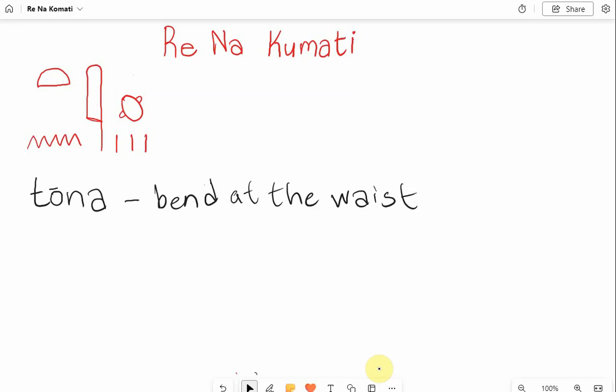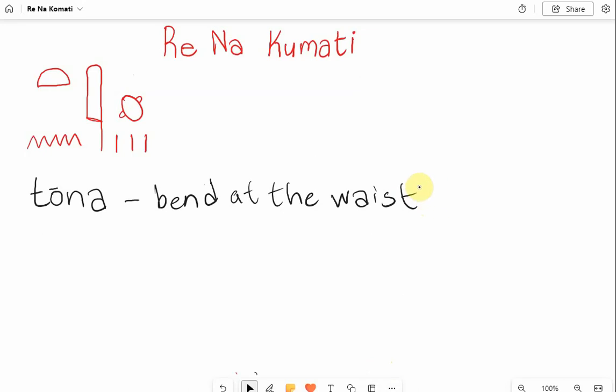So Tona in this case is to bend at the waist, basically to bend at the waist and turn your rump towards someone.